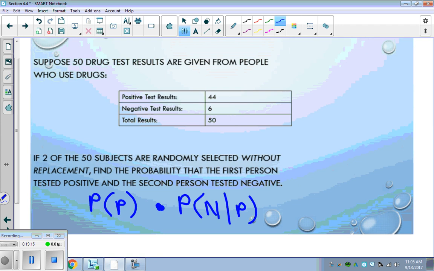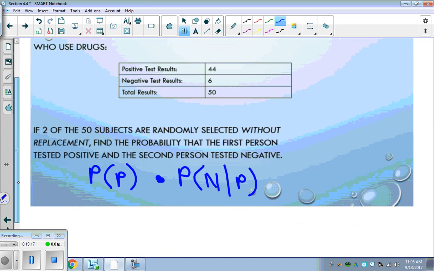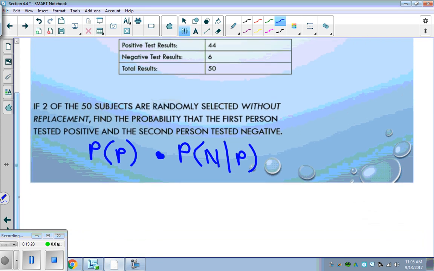So, looking at my numbers there, my results, the probability of choosing someone that's positive is 44 out of 50, and we can reduce that, of course. Now that I've taken one of those 44 out of one of those 50, now how many tests do I have left?